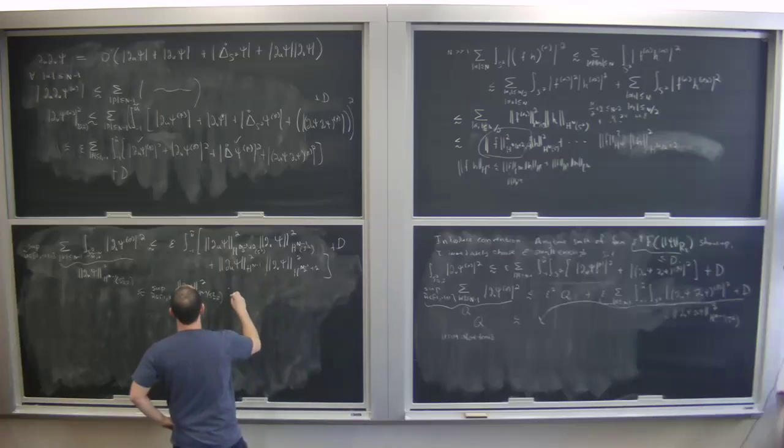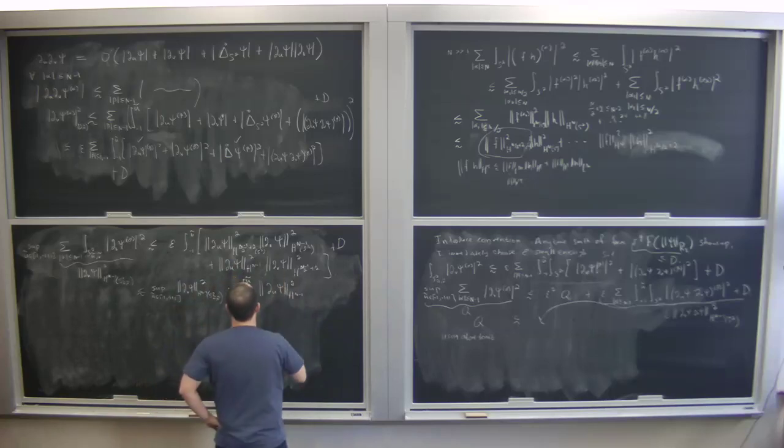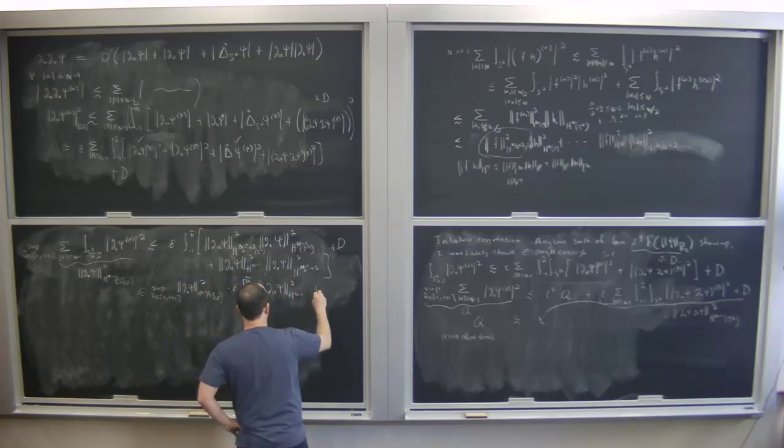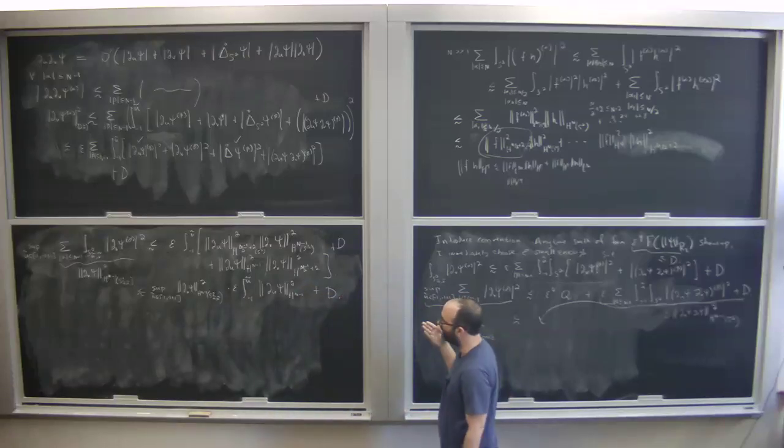And so times epsilon times this, yeah, times that. I'll just write it like this. Plus, right? All right, so all I did, you see, I just pulled out these integrals in u, and I did a sup in u and pulled them out, all right?